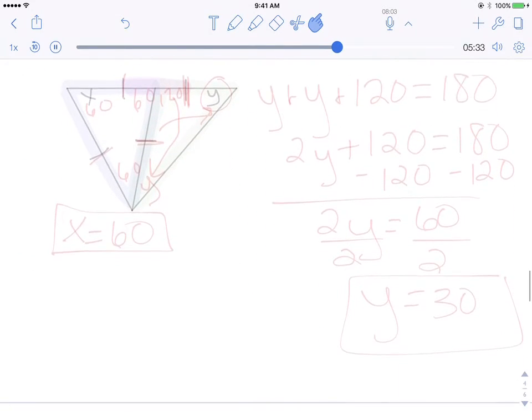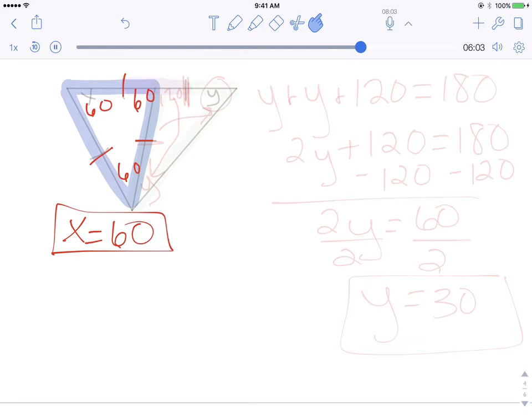Okay, in our next example, we'll look at our blue triangle first. We know that that is an equilateral triangle because all sides have been marked congruent. Therefore, we know that all angles are also congruent and have to be 60 degrees. So x is 60. Then we take a look at our green triangle to find y.